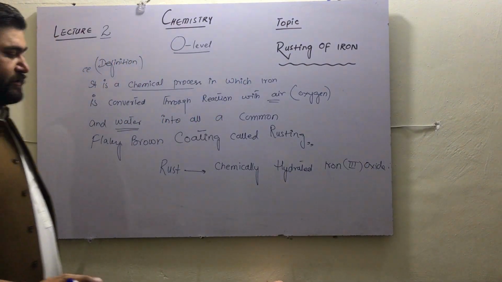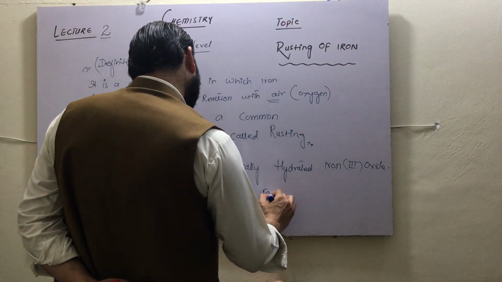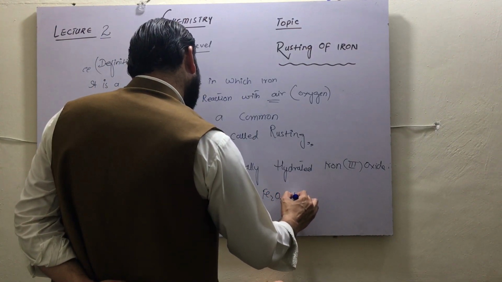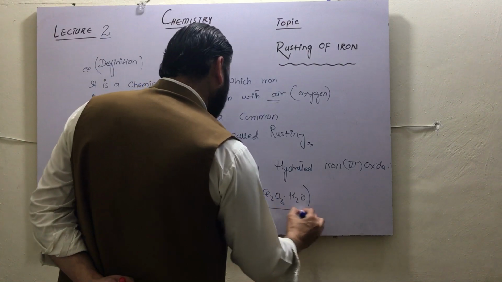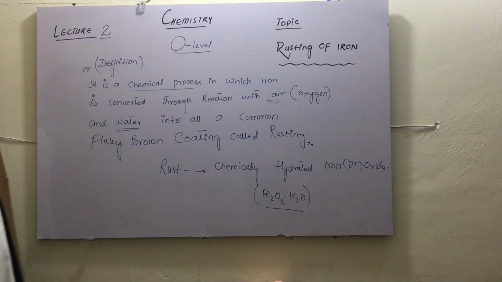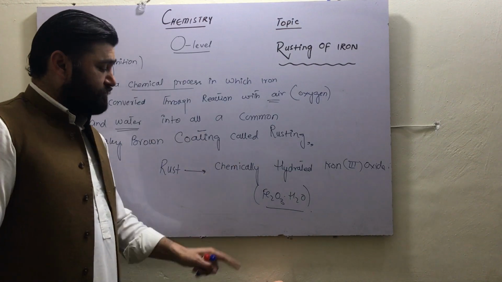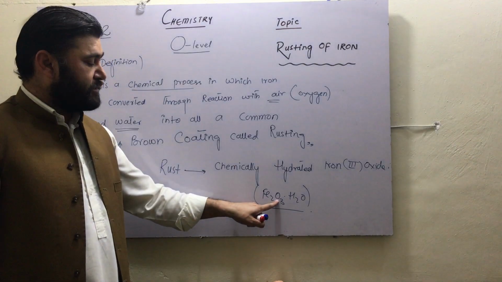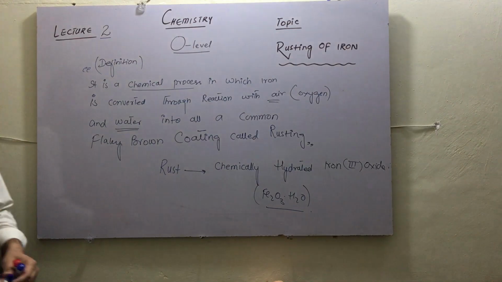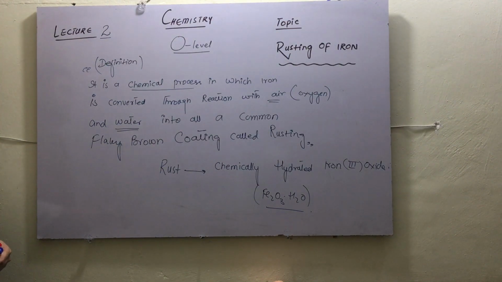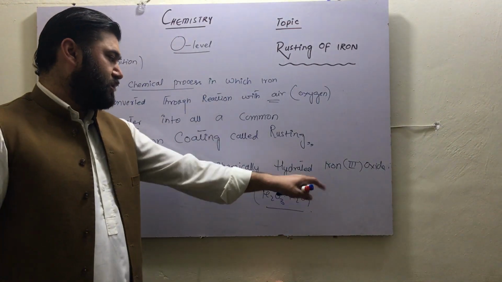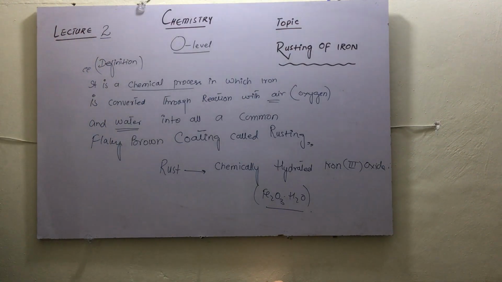If I just say Fe2O3.H2O, this is the formula of rust. Fe2O3, as in the previous lecture we discussed, is the hematite ore of iron, so that is called hematite. So it is basically chemically hydrated iron 3 oxide. This is the name of rust.